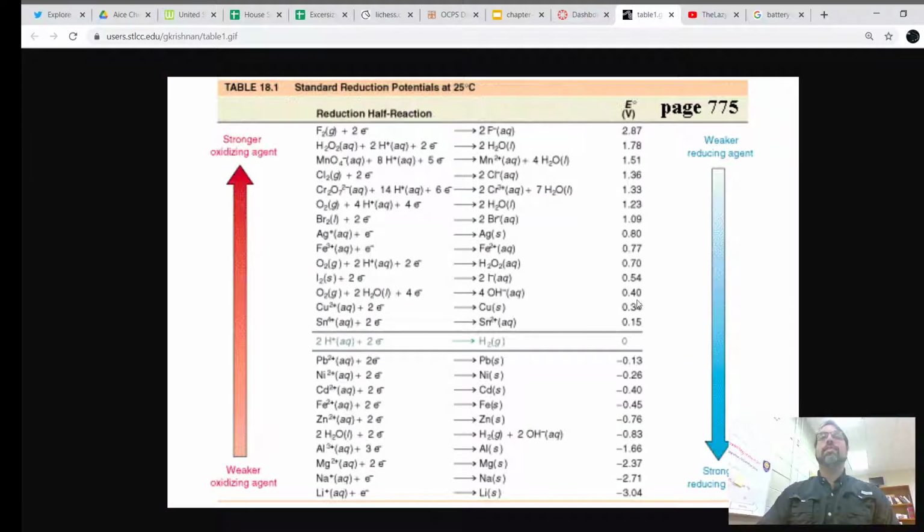However, I know that the potential for this to be oxidized is the exact opposite of the potential for it to be reduced.